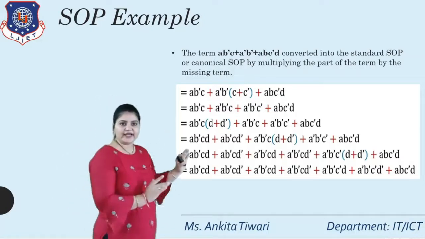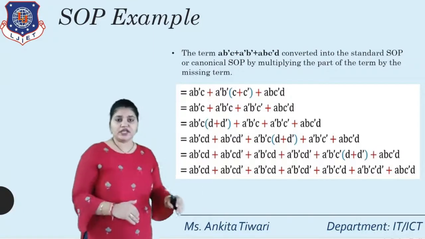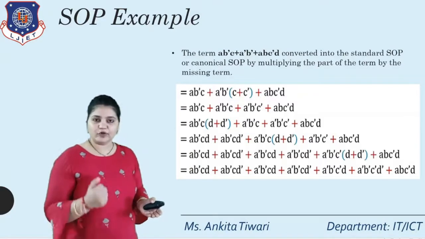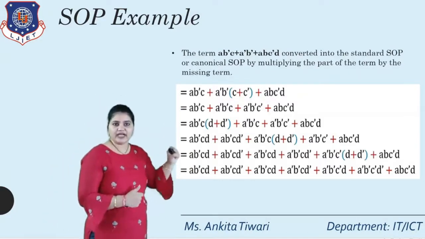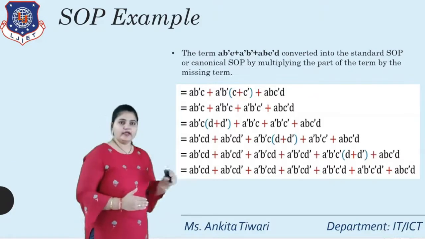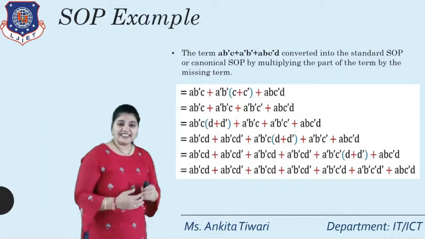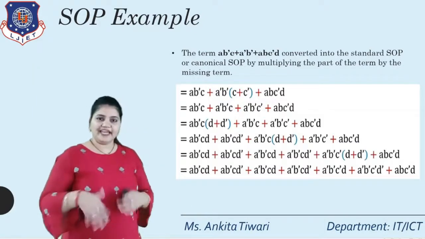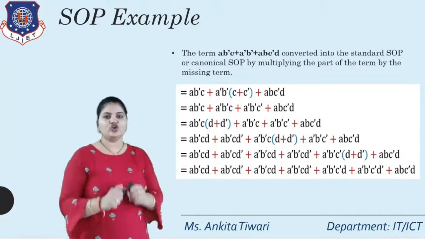Now we'll multiply it, we'll get 3 variables. Now the first 2 terms don't have the d value, so we will suppose 1 value. So d plus d bar, in the other position also d plus d bar, and we will multiply all the terms. Now when we get all the terms, we'll see if any term is repeating, because in Boolean x plus x is equal to x, it is not 2x.